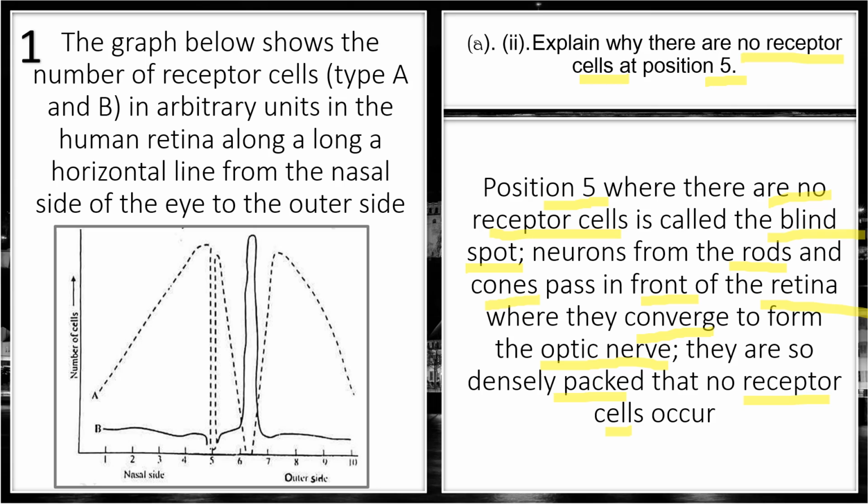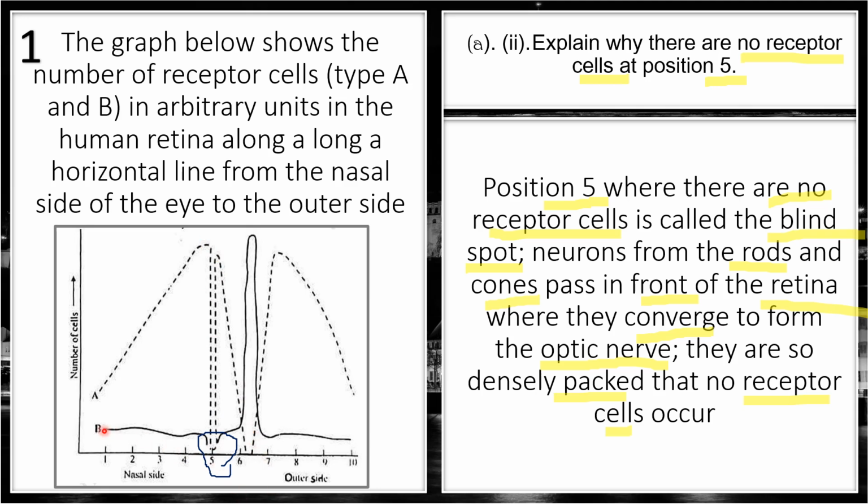At point 5, if you look at it, you will see that at this point here, there are no receptor cells. There are no rods. Rods come here, and there is nothing at that point 5.